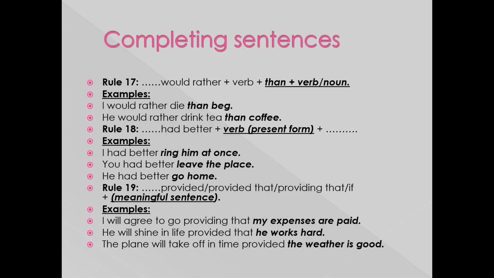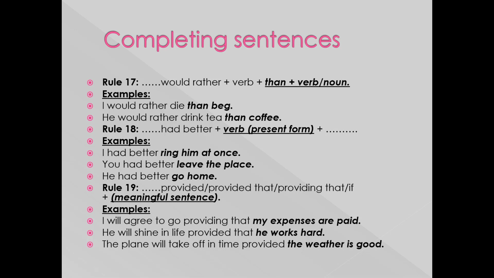In the second sentence, he would rather drink tea than coffee. So here also we have used would rather, and in the middle than, but before than we have used a noun, tea, and after than also we have used another noun, coffee. So the main thing is would rather, then verb, then than, and after than verb or noun.